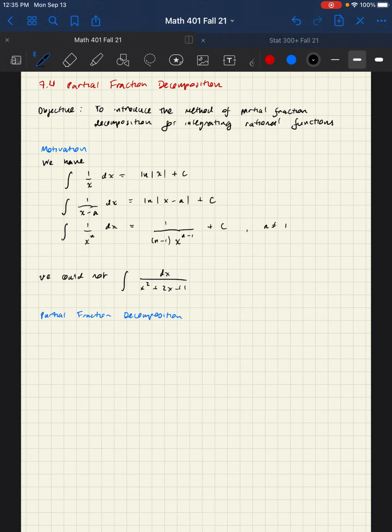Let f of x be written as capital P of x over capital Q of x, where we assume that both of these are polynomial functions of whatever degree you want. So we can call the degree of the top polynomial n, and the bottom one will have a degree m.